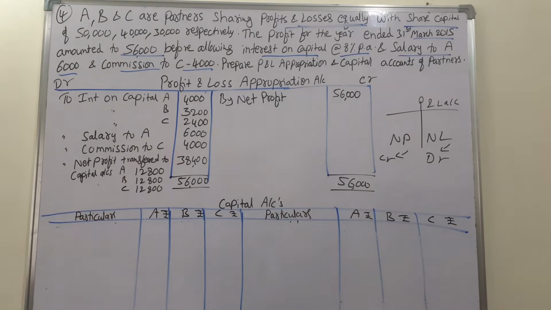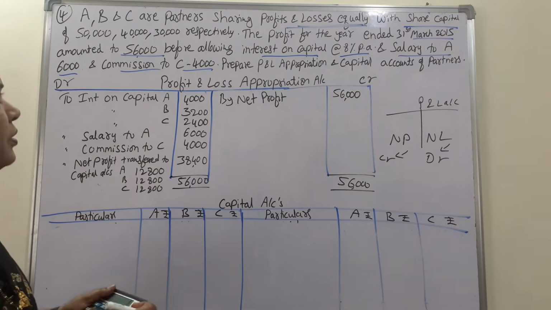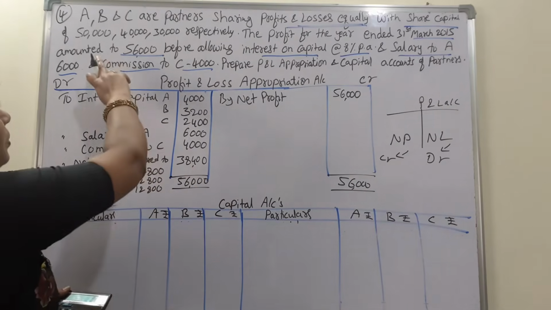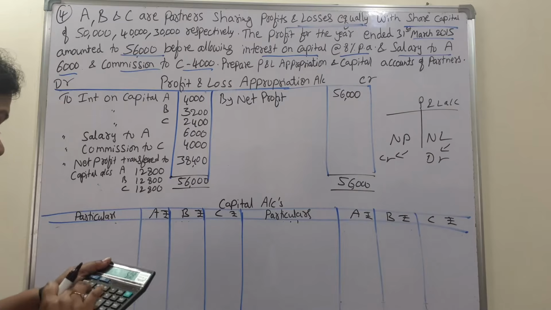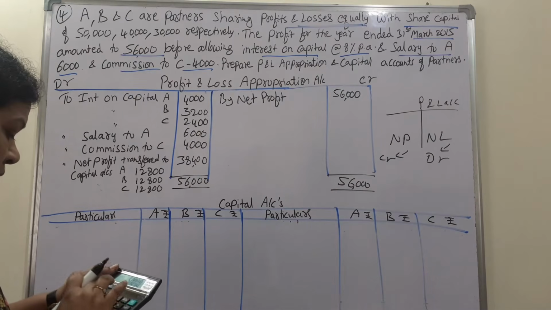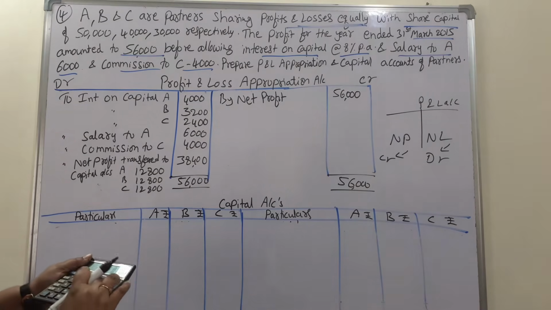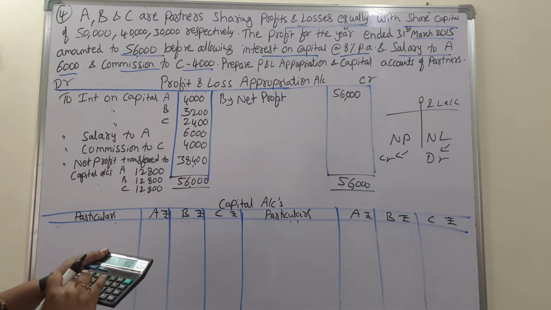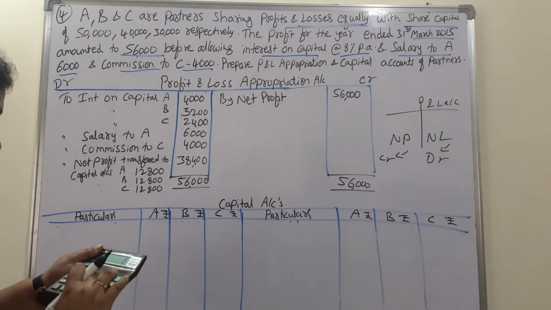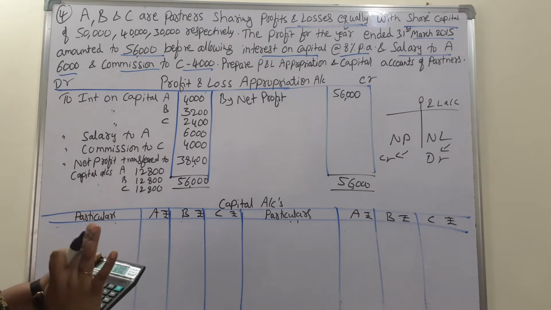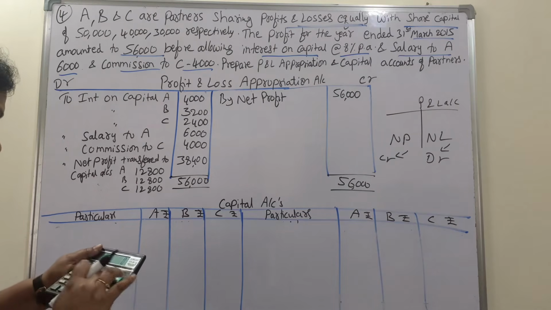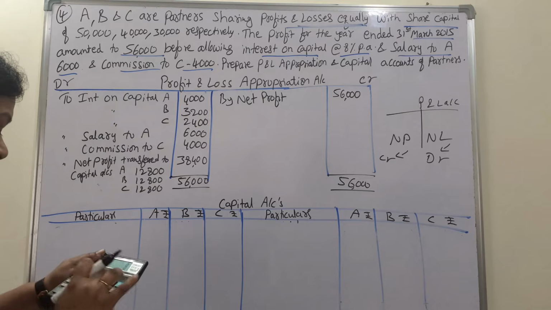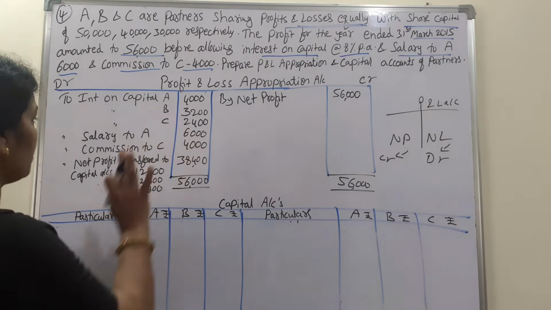We'll check it once again, this net profit. Net profit is 56,000. 8% on 50,000 is 4,000, clear. 40,000 into 8% is 3,200, okay. And 30,000 into 8% is 2,400, okay.